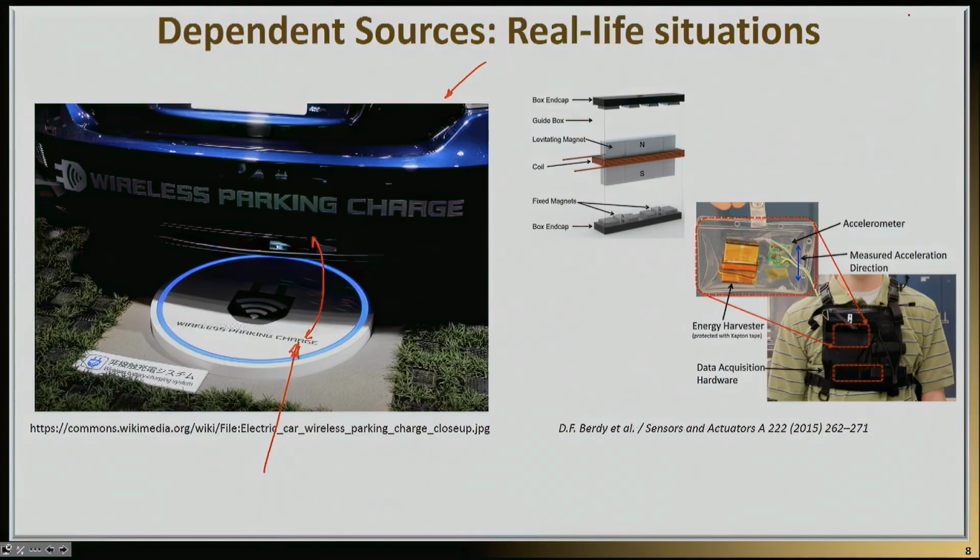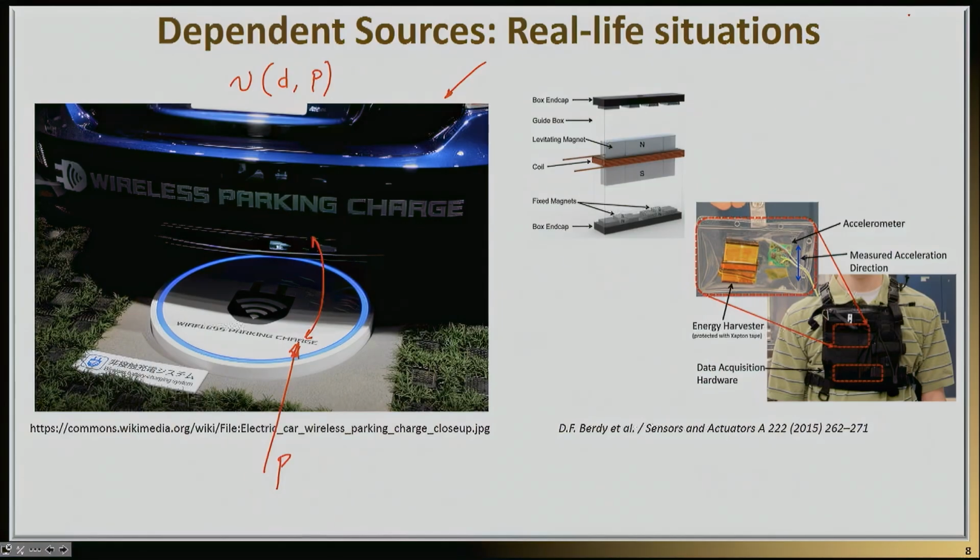And so clearly, the dependent source inside the car, let's say for simplicity a voltage source, will depend on some distance and some power. The distance is the distance between the vehicle and the charging mat, and the power is the amount of power that you're feeding the charging mat with. So this is a really good example of how we model a real-life situation, a wireless charging situation, through a dependent source, which represents what's happening inside the vehicle.